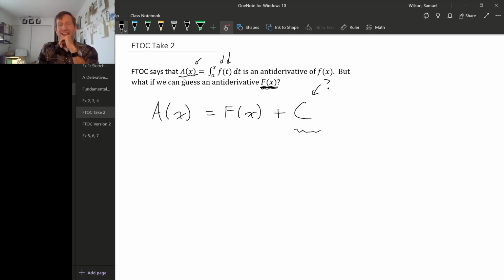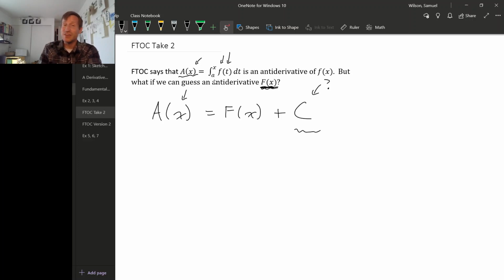Well, for any area function, are there any x values we could plug into this area function that we know something about? For most x values, the answer is no. If we plug in 1 into this area function, what do we get? Who knows? We don't know what little f is. There's no way of telling what we get if we put 1 in here for little x. What if we put in 2? Who knows, right?